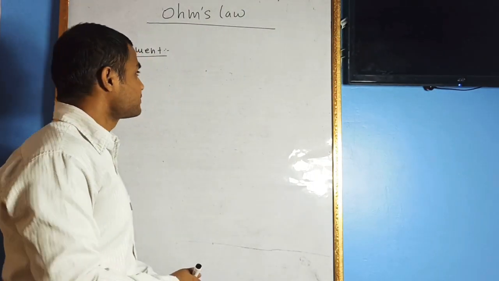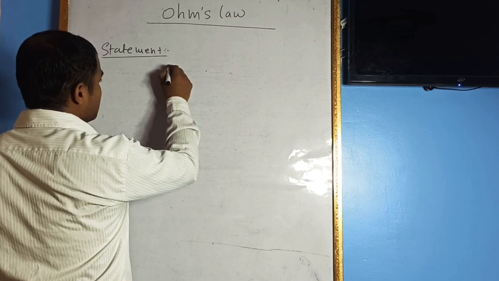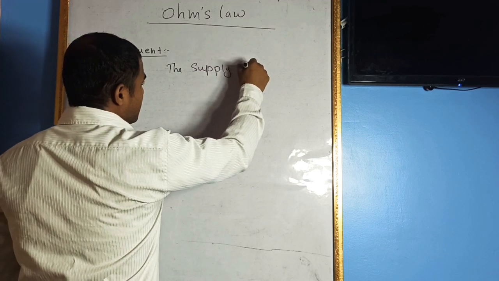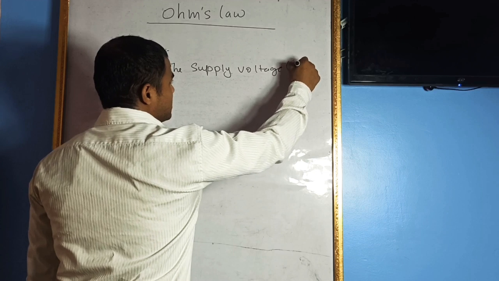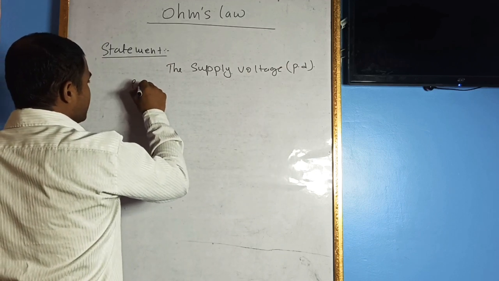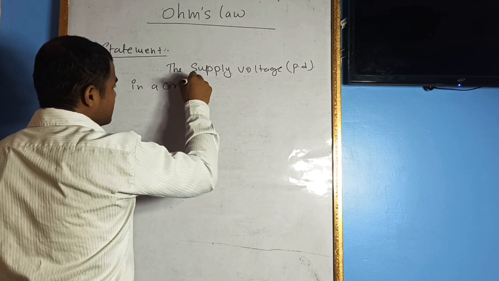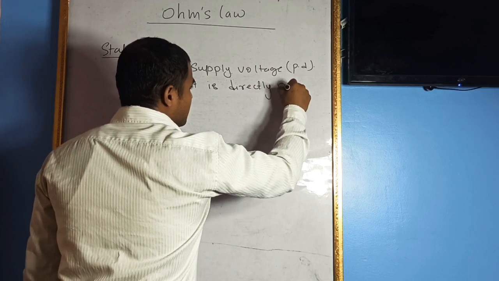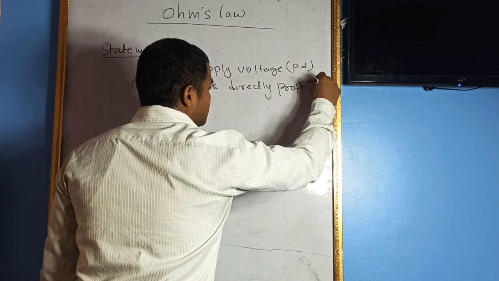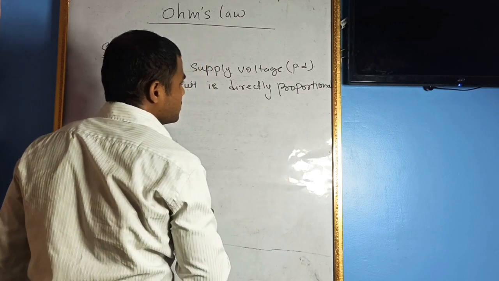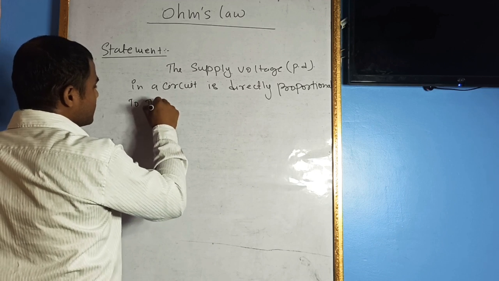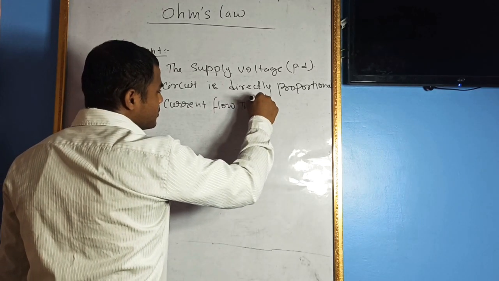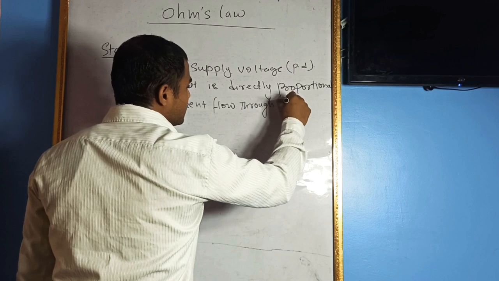Okay, so the supply voltage or potential difference in a circuit is directly proportional to the current flow through it.